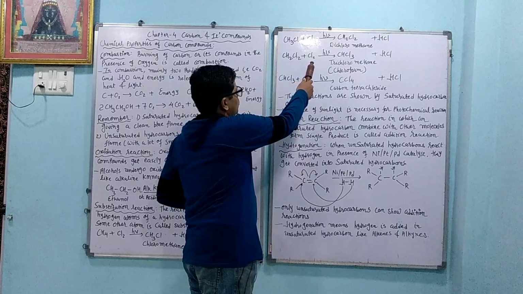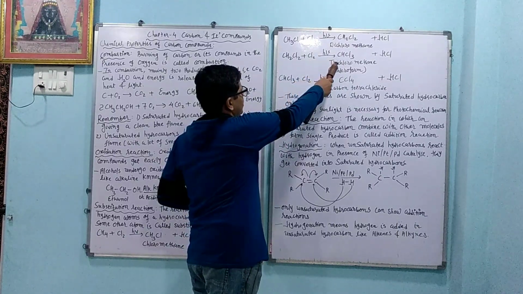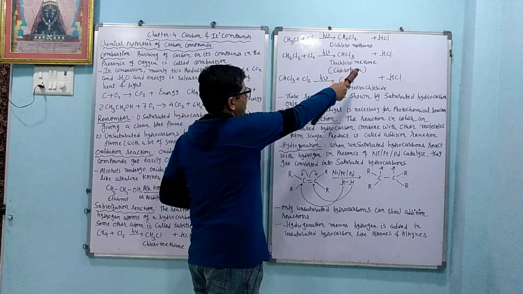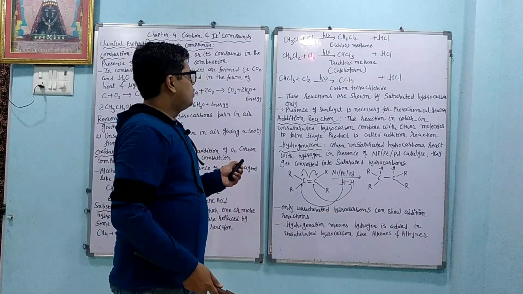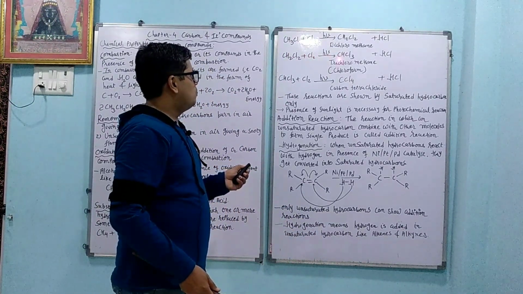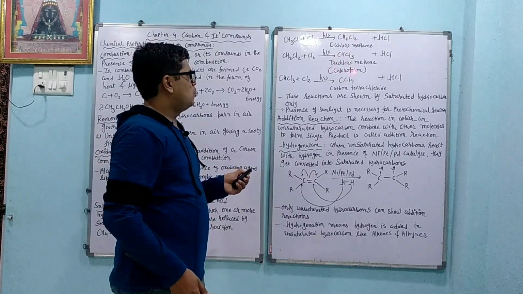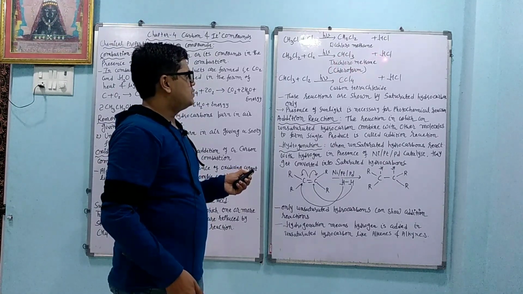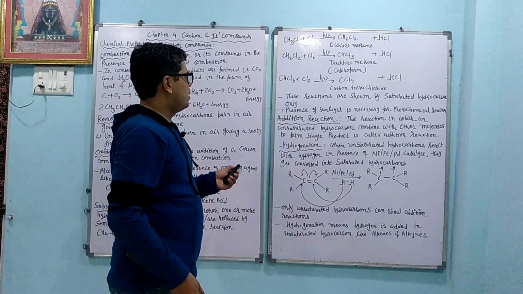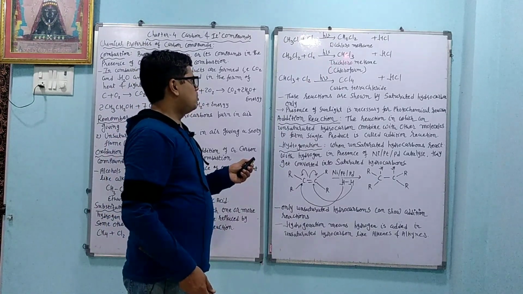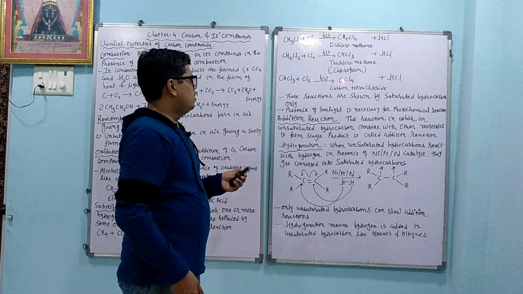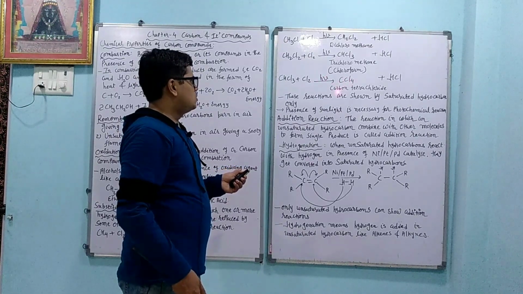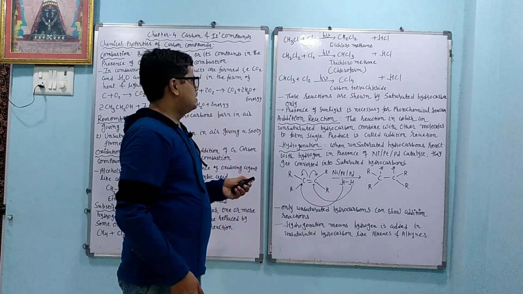CH2Cl2 plus Cl2 in the presence of sunlight gives CHCl3 plus HCl. CH2Cl2, that is called dichloromethane, reacts with more chlorine, then we get 1 mole of trichloromethane, which is also called chloroform, plus HCl, hydrochloric acid. More of this chloroform or trichloromethane reacts with Cl2 in the presence of sunlight, and we get CCl4, that is called carbon tetrachloride, plus HCl.